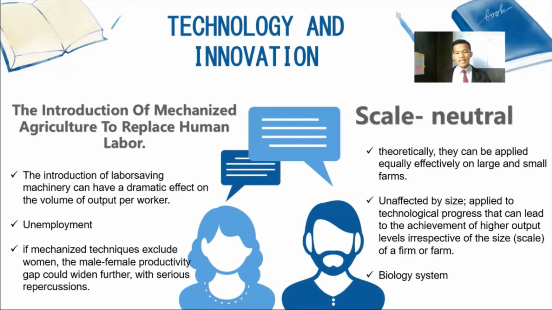Okay, only indirectly do they increase output per worker: improved seeds, advanced techniques of irrigation and crop rotation. Okay, this is scale neutral in technology and innovations.